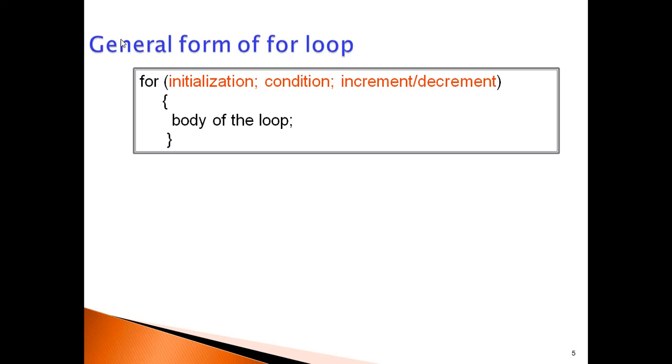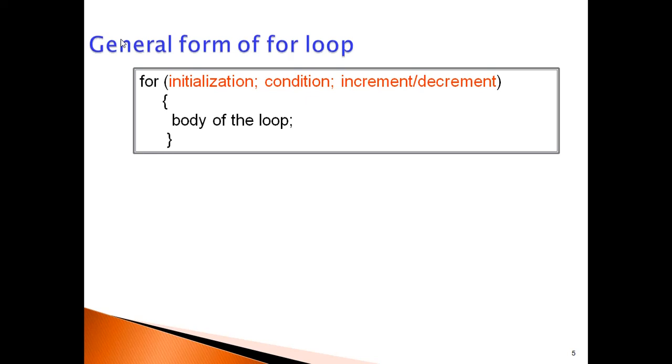For the third time, it increments or decrements the altering variable. After doing that action, it checks the condition. If that condition is true, it enters into the for loop and executes the body of the loop. Again, control passes to the beginning of the for loop.